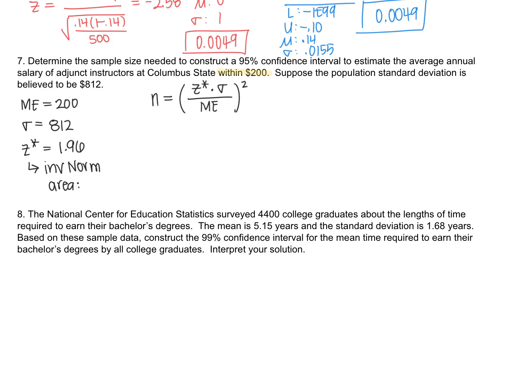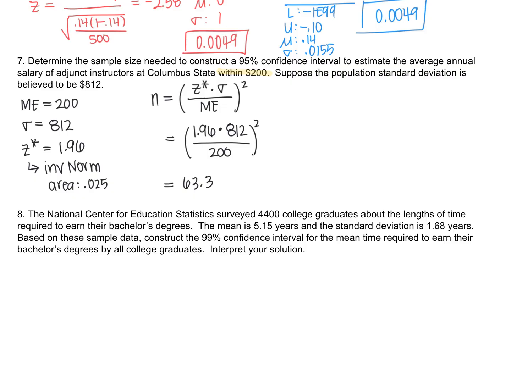So 5% divided by 2 is 2.5%, which as a decimal is 0.025. So now I plug that into my formula. We're going to have 1.96 times 812 over 200, squared. And that's going to give us 63.3.